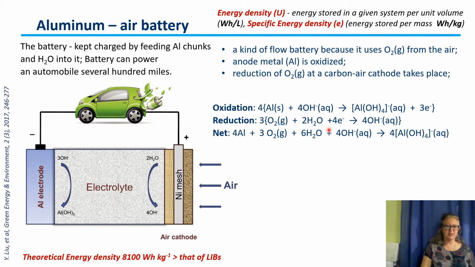The simplified representation of an aluminum air battery is shown in the picture. The half reactions and the net reaction are as follows. Because the concentration of hydroxide anions is high, aluminium 3 plus produced at the anode forms hydroxy complexes.